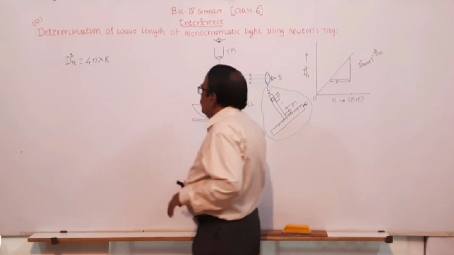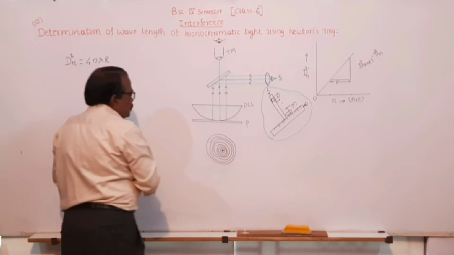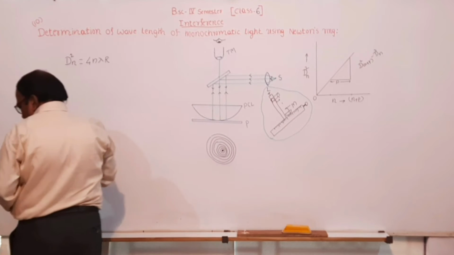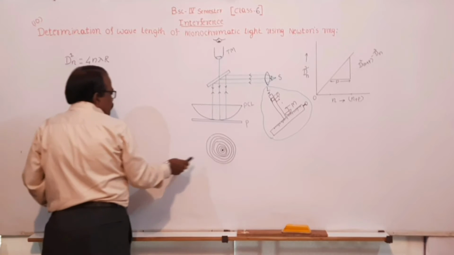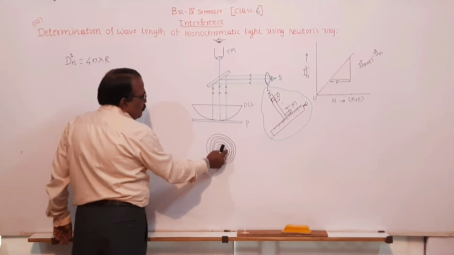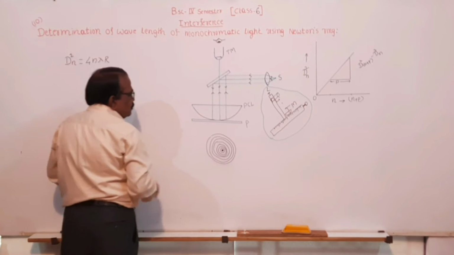Then its next fringe. So assume that this is the nth fringe, and again this is the (n plus p)th fringe.